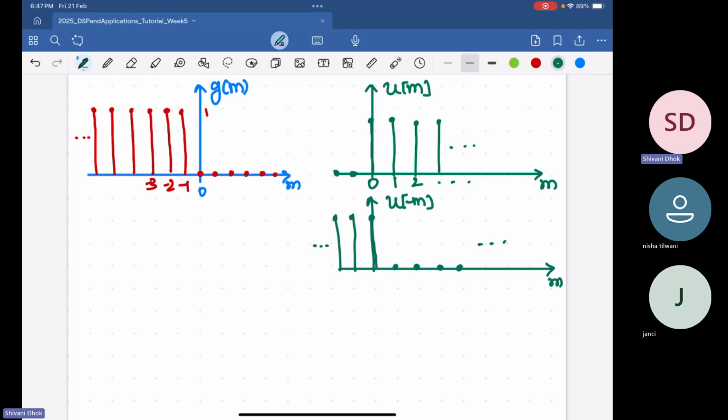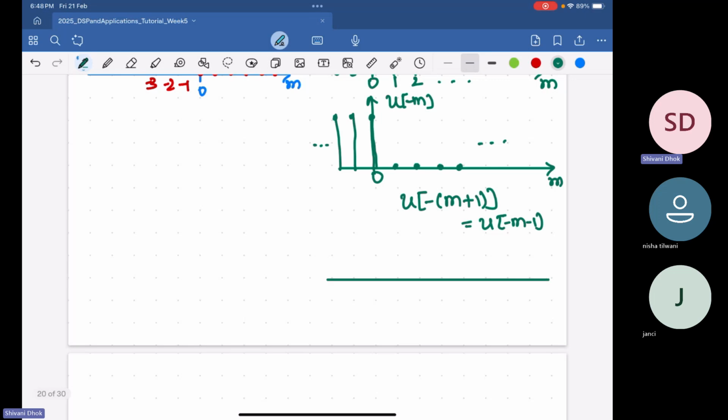One subtle difference here is that the non-zero values start from minus 1 in g of m, while here it starts from 0. So we need to shift this signal leftwards by 1 unit, which means in terms of the argument we have to write it as u of minus m minus 1.